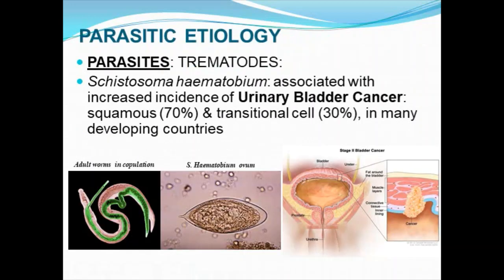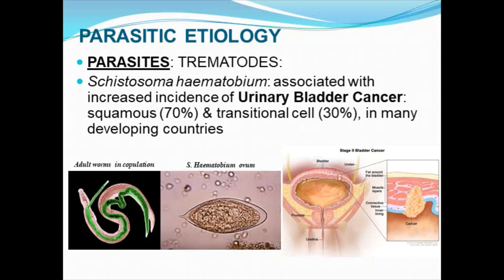Now coming to parasitic etiology. Parasites like the trematode Schistosoma haematobium are associated with increased incidence of urinary bladder cancer, which is a squamous cell cancer. In urinary bladder cancer, squamous cell origin may occur in 70% of the cases, and transitional cell origin in 30% of the cases.